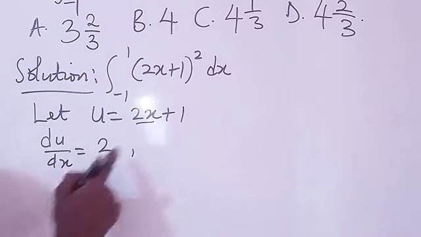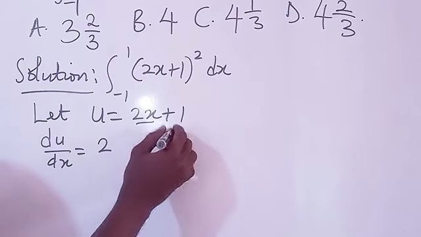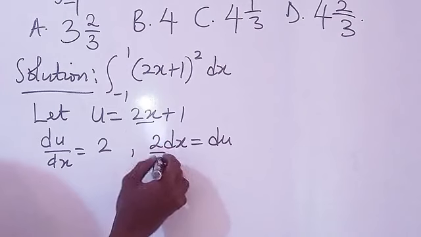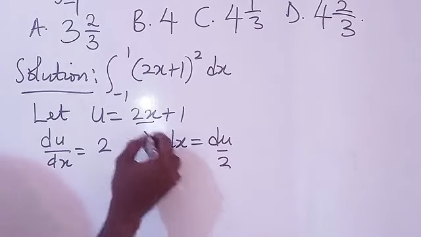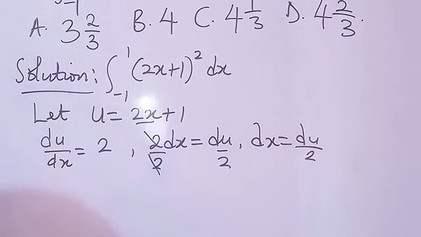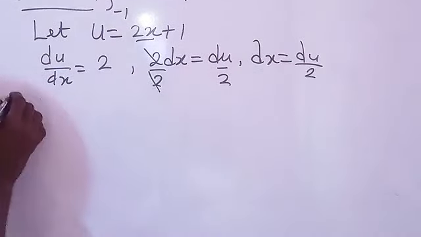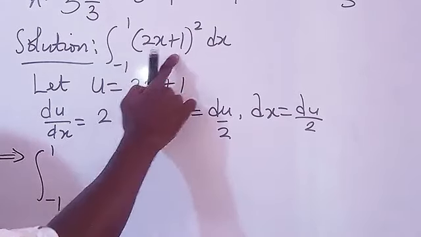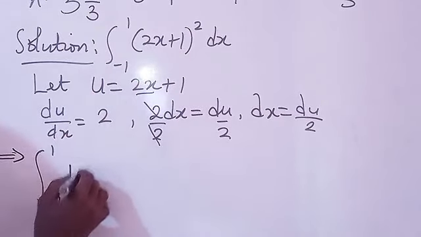From here, we want to make dx the subject. We have 2 dx equals du. Dividing both sides by 2, this cancels this, and we have dx to be du all over 2. All right, so now you go back to this integral. We have minus 1 to 1. Anywhere you see 2x plus 1, it is going to be u this time around.